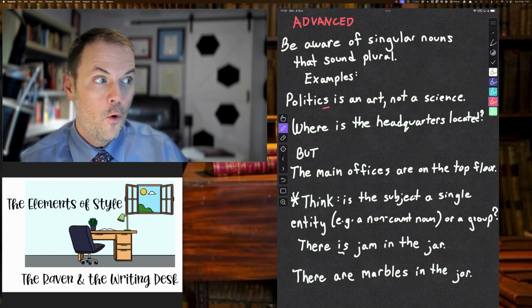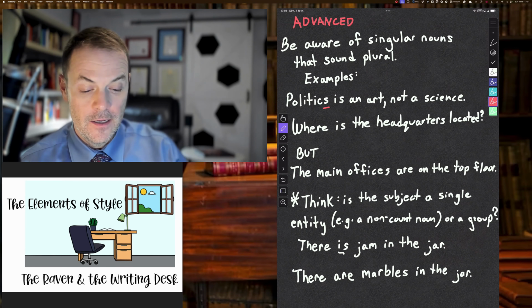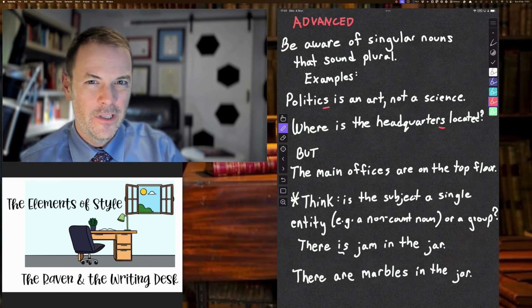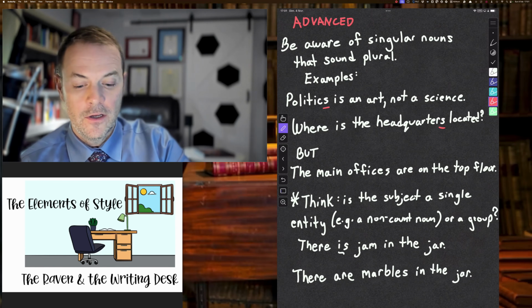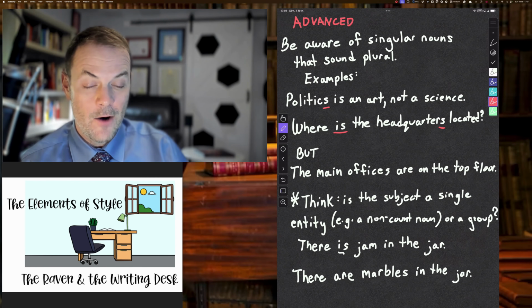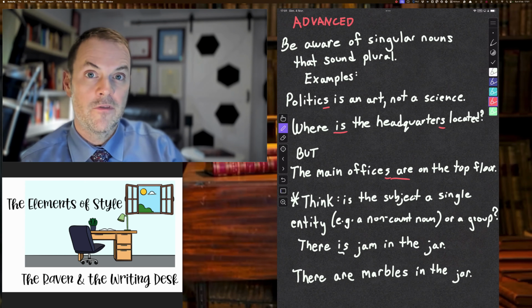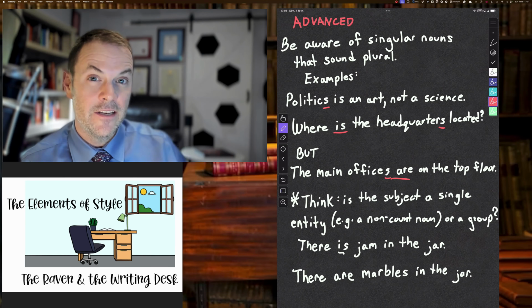However, where is the headquarters located? Headquarters, you think, okay, there's more than one, but no, there's only one place that is known as headquarters. So we're going to go with "is." However, the main offices are on the top floor, because you're referring to all the different individual offices on that floor.